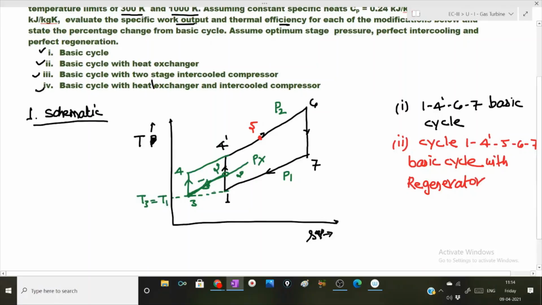It is mentioned in the problem itself. So number 3 will be cycle 1, 2, 3, 4 and 6, 7. It will be basic cycle with intercooling.